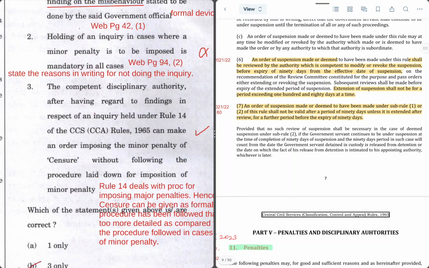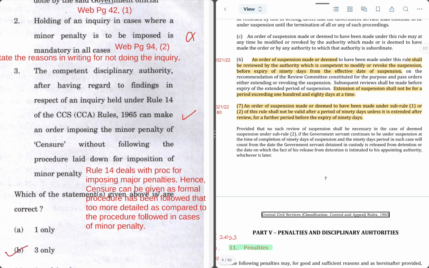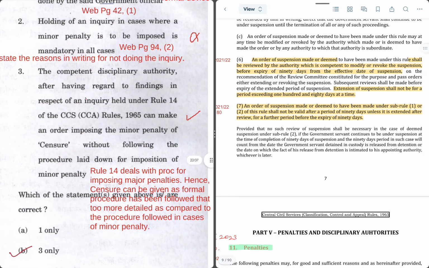Statement 3 says the competent disciplinary authority, after having regard to the findings in respect of an inquiry held under Rule 14 of the CCA rules, can make an order imposing the minor penalty of censure without following the procedure laid down for imposition of minor penalty. Now, the question is about the procedure to be followed for a minor penalty. Rule 14 pertains to major penalty.